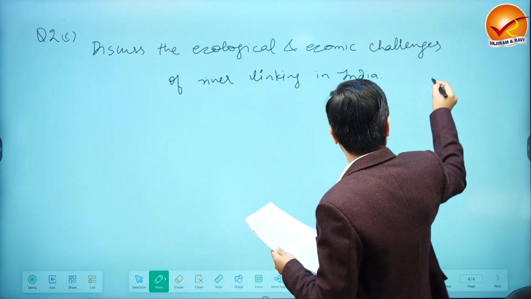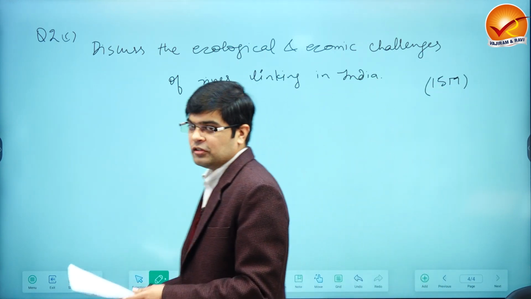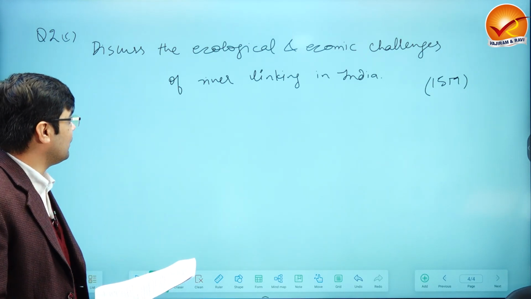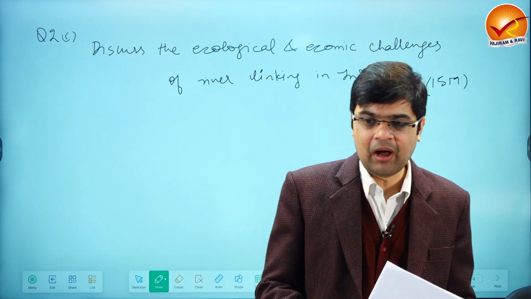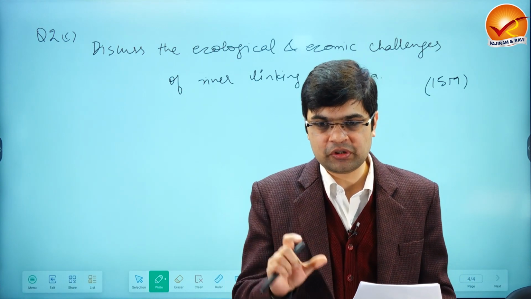Again, a 15-marker question. Discuss the ecological and economic challenges of river linking in India. Abhi, how will you introduce? See, 15-marker question, you will have to write an introduction, you have to write some conclusion as well.